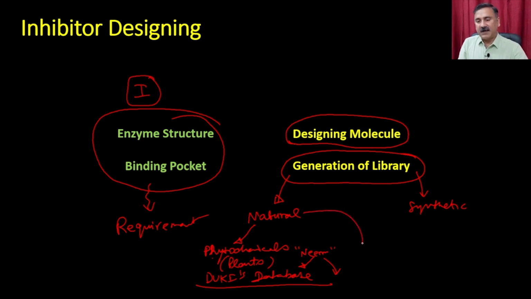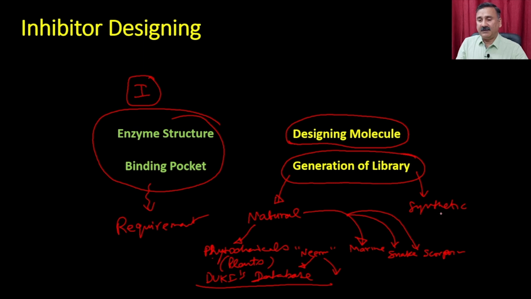The other natural sources are the different types of organisms. So you can have the marine organisms, you can have the snake, or you can have the scorpions, or you can have other kinds of natural sources, right?